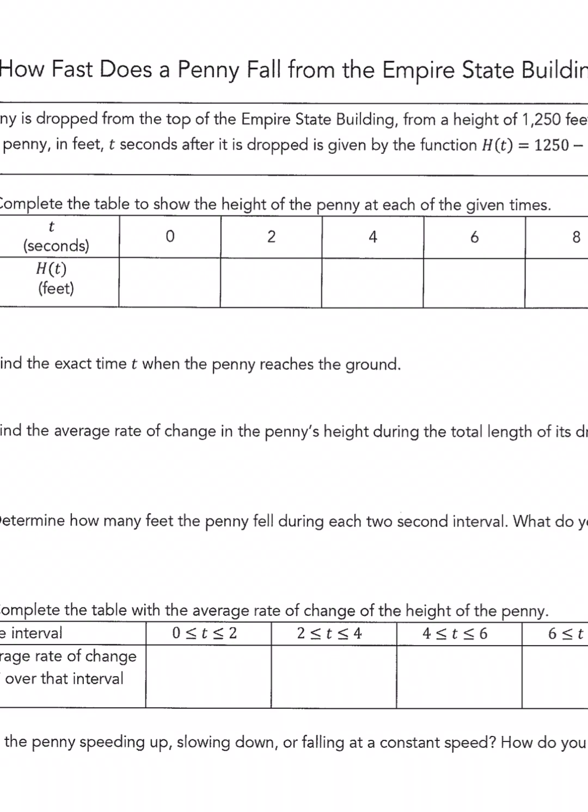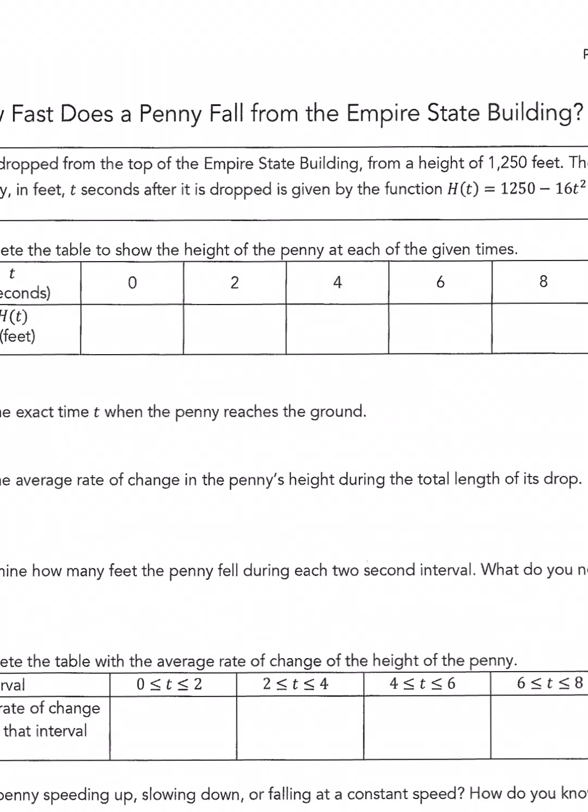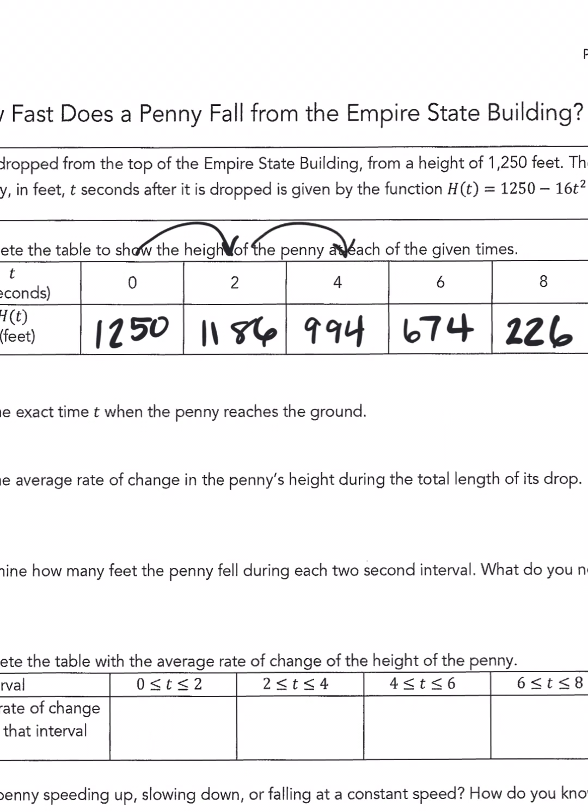All right. And then 226, right? So we were just simply evaluating, correct? This is evaluating. So whenever I see a table of values like this to tell what type of function it is, the first thing I'm going to do is look at this. Every time the time is going up by what? 2. So anytime you see something like this, it's a very good idea to compare the time intervals. Are the time intervals all the same?